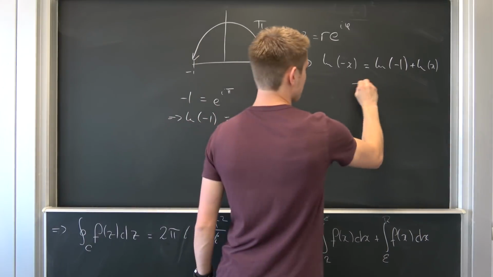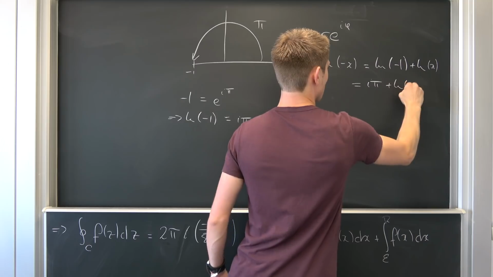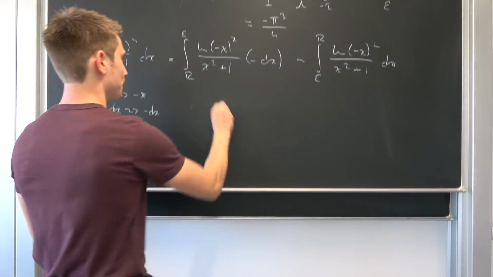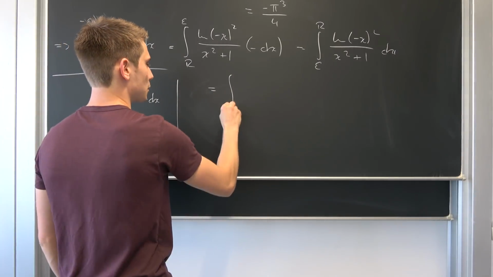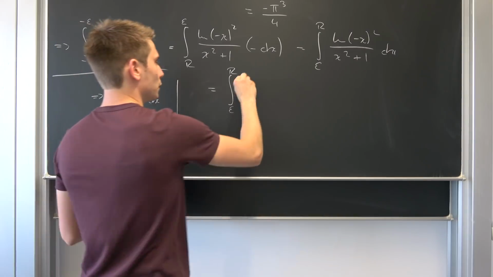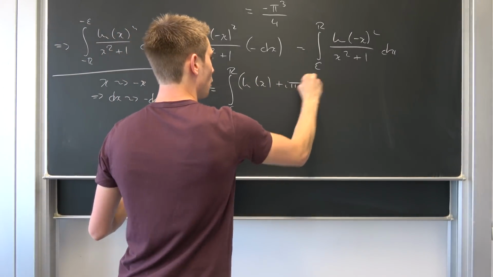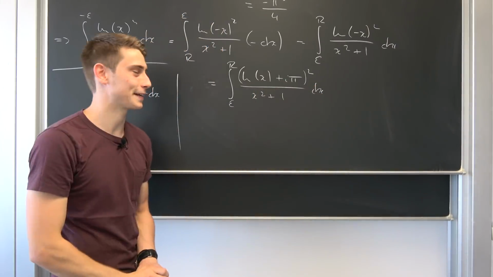It's as easy as it is. So we end up with i times pi plus natural log of u. And we can plug this new information into here. So we end up with, let's put this in the box, the integral from epsilon to r of the natural log of u plus i times pi, whole thing squared, over u squared plus 1, integrated with respect to u.